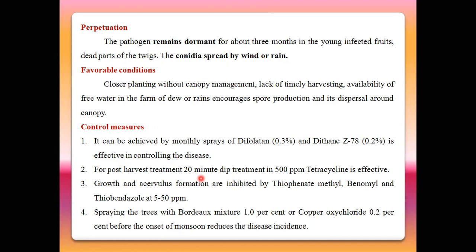In this way, you can avoid the primary source of infection and the spread of the disease from one plant to another. Then spray the guava trees with Dithane Z-78 at 0.3% and Dithane M-45 at 0.2%. These two fungicides are also effective in controlling the disease.